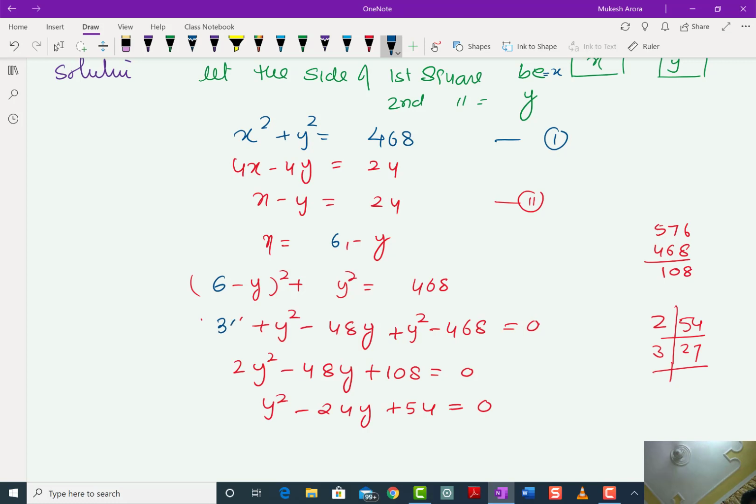It will be 36, or it will be 12y. So it will be 12y, or this will be 468, 432.